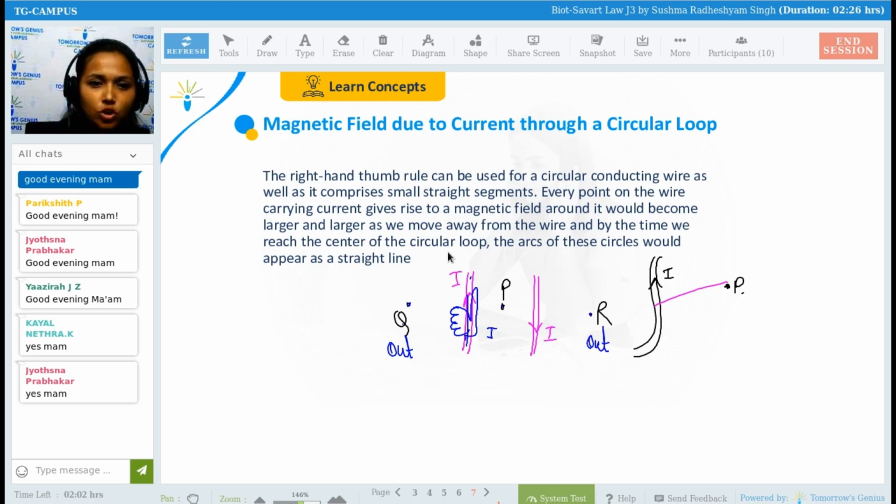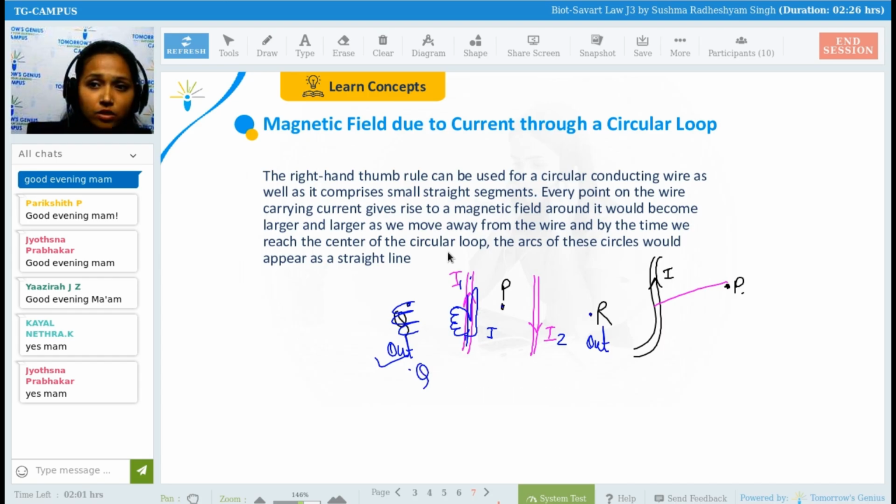The diagram is shown properly. Put your finger and show where the Q point is indicated. It's outside. That means your curl finger indicates this point is outside. So it is correct. Now put your finger at I. Let's say this is your I1, this is your I2. Put your finger at I2 and consider your Q point.